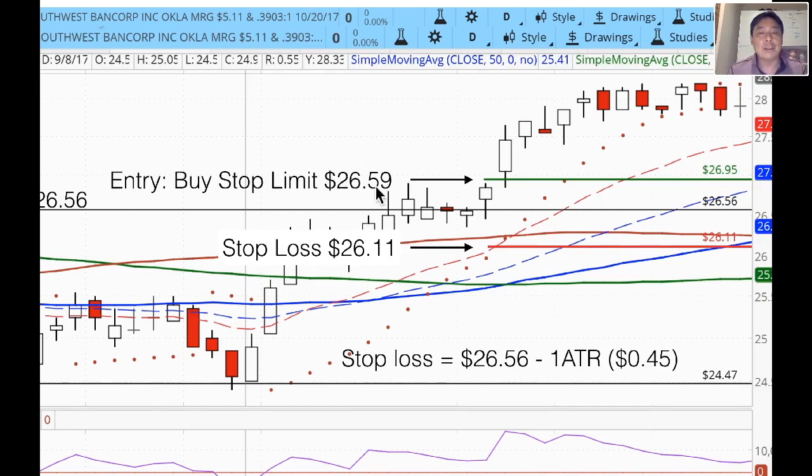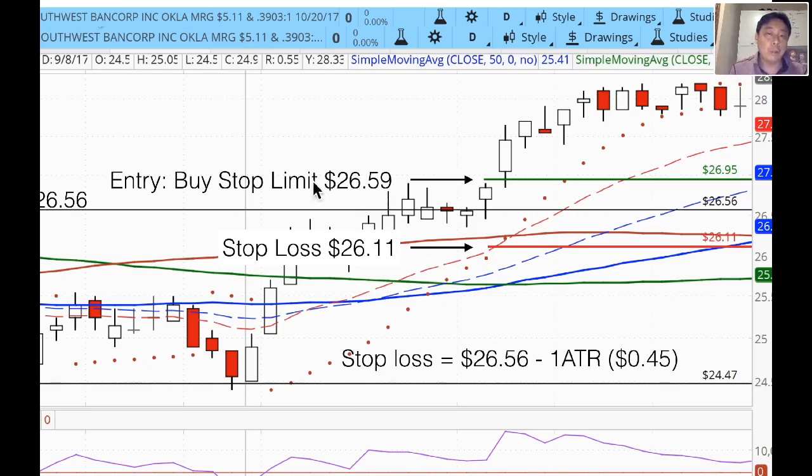It's 26.59, so obviously the high was 26.56. So we put a buy stop limit order where the stop price is 26.59. So the next day, if the price goes to 26.59, it would trigger the order and convert it to a market order.